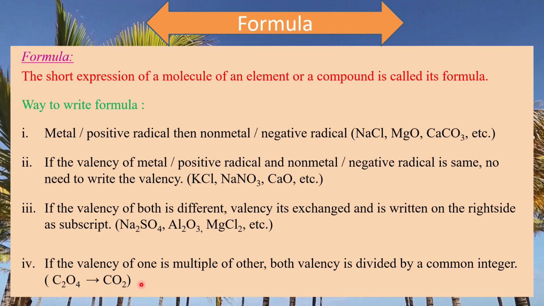For example, here in carbon dioxide the valency of carbon is used as 4. Most of the time the valency of carbon is 4, but sometimes it is 2 also, and many other valencies are used for carbon, which you will learn in upper classes.